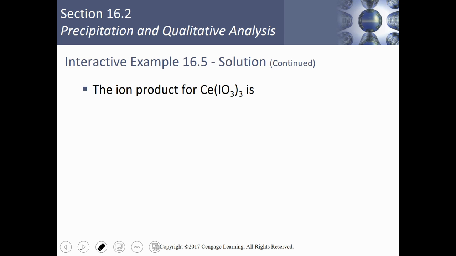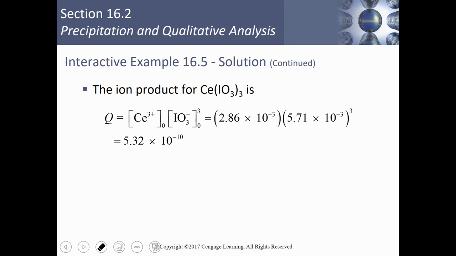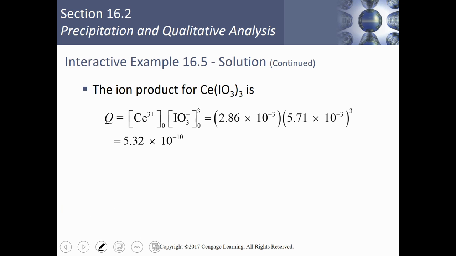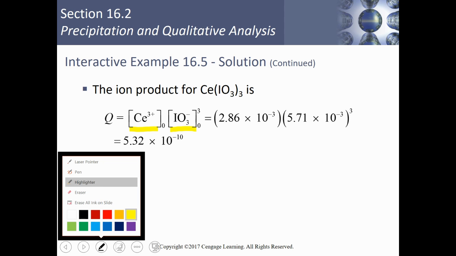The ion product, Q, because we just found initial concentrations, is set up the same way that K is, except you're plugging in different values. So you take your ions, put them in brackets, and raise them to the power of their coefficients.